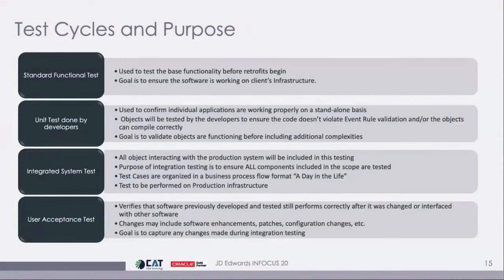One of the reasons we do that at CAT is, I don't want to play that game with my developers. Oh, it's Oracle code. No, it's the customization. If I do that test before, then I can ensure that the Oracle code is working properly and I haven't configured it incorrectly. After that's done, we go and do a unit test by the developers.